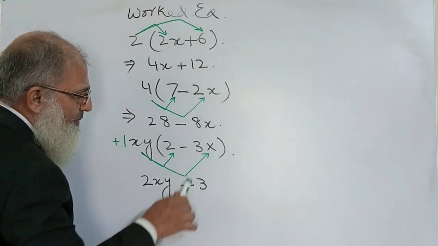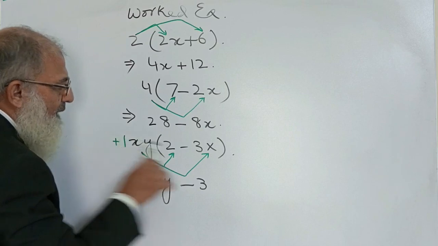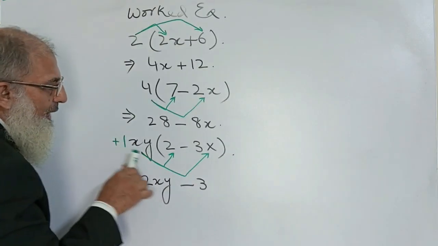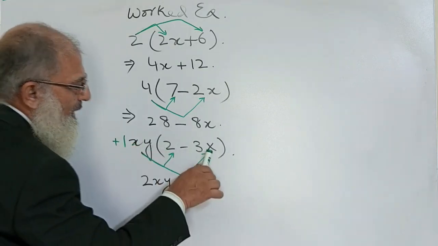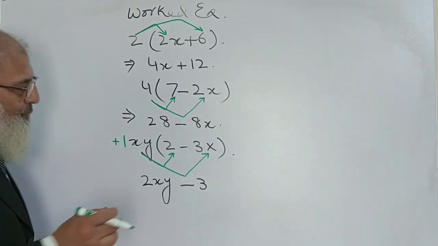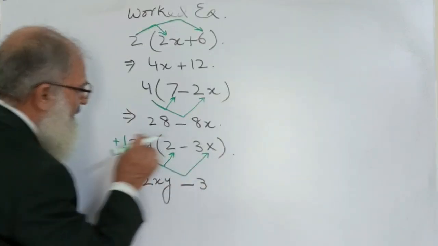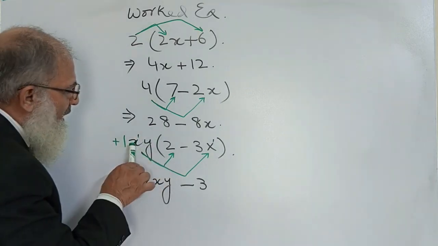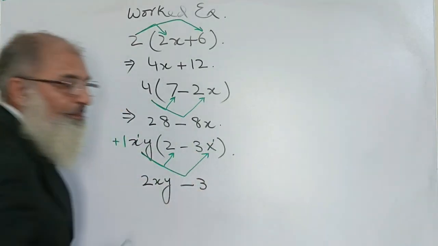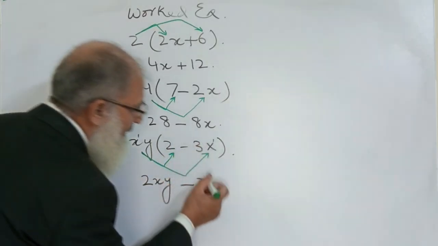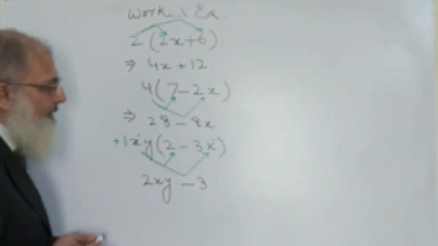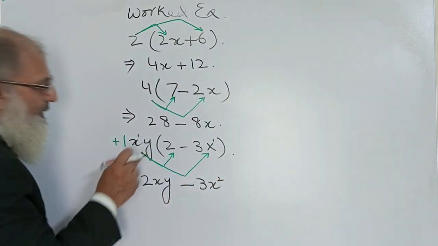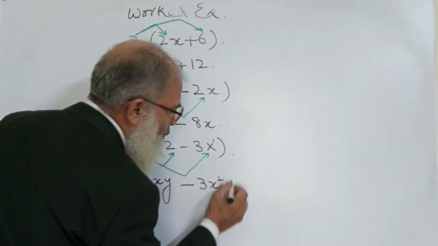Positive multiplied by negative will become minus. 1 multiplied by 3 is 3, and x multiplied by x, as I told you, when the bases are the same the powers will be added. In multiplication, when the bases are the same, the powers will be added. Now it will become x square, and y also.